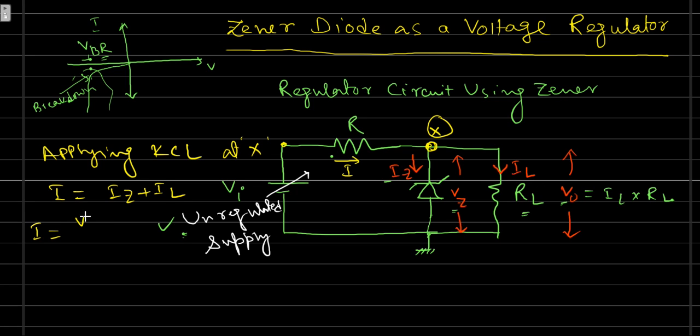So I equals VI minus VZ divided by R. This is another equation. The third equation from the circuit is that the output voltage V0 is the load current IL into the load resistance RL. We can explain the working mechanism of the Zener diode voltage regulator using these three equations. Let us see how we can explain that.